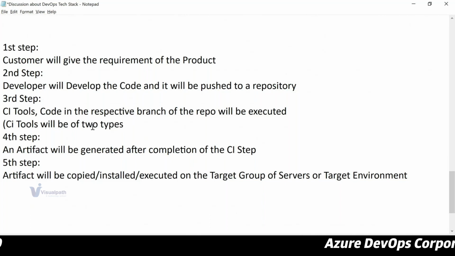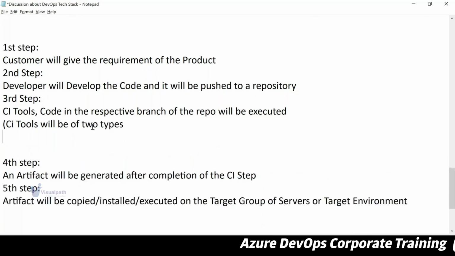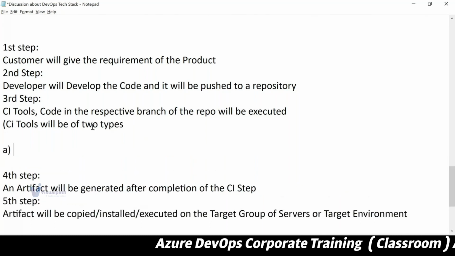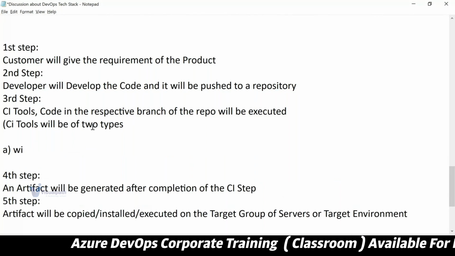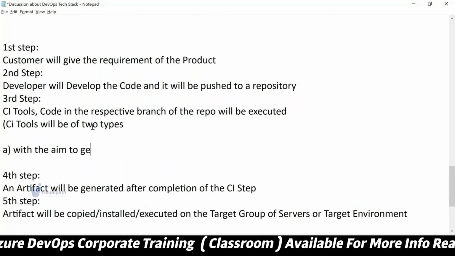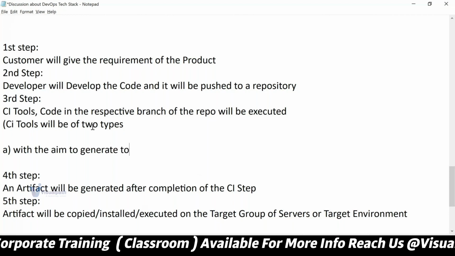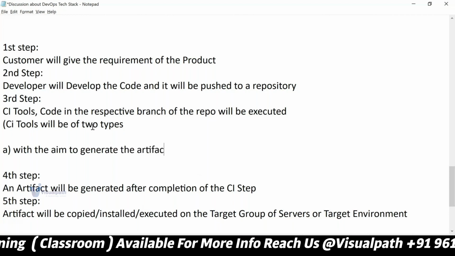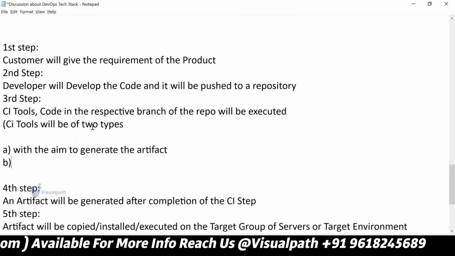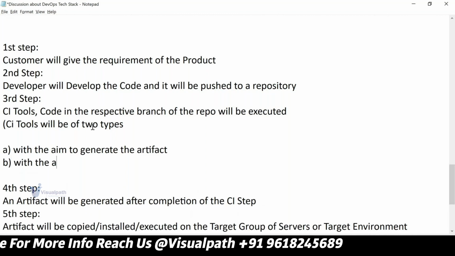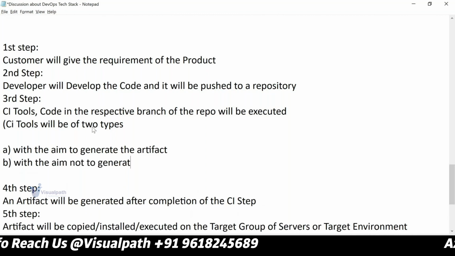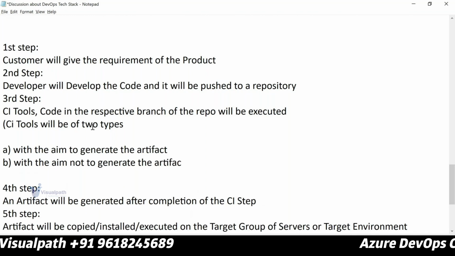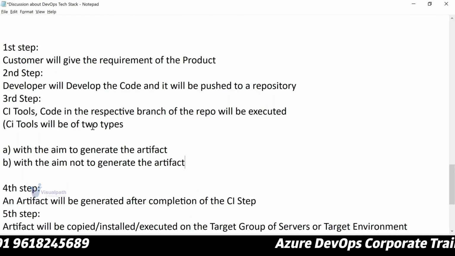If you ask me about the category, it is either with the aim to generate the artifact, or with the aim not to generate the artifact. This is the difference. Let me show you.